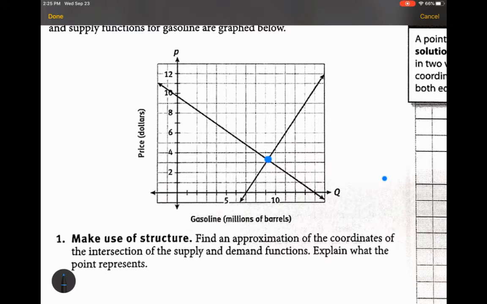So what are some points that we put? Say that again. Anybody put anything different? 9.2, 3 point what?